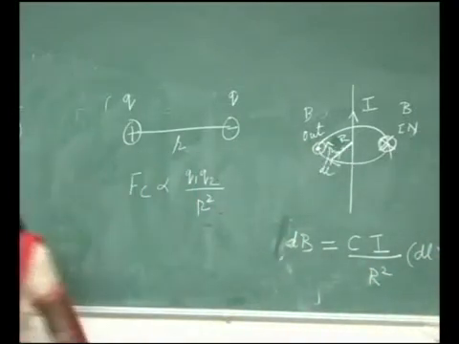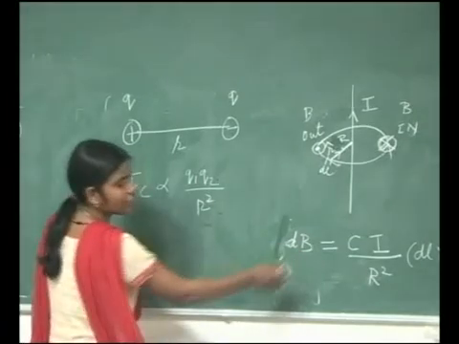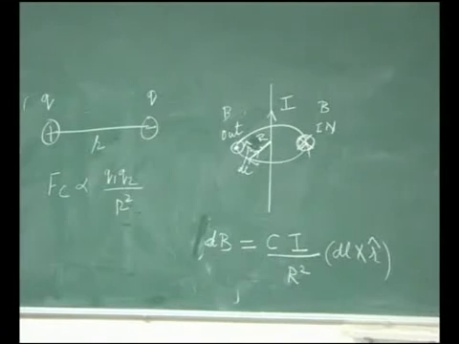Is it okay? This dl cross r cap gives the direction to the magnetic field. It ensures that the magnetic field is always perpendicular to dl and r.